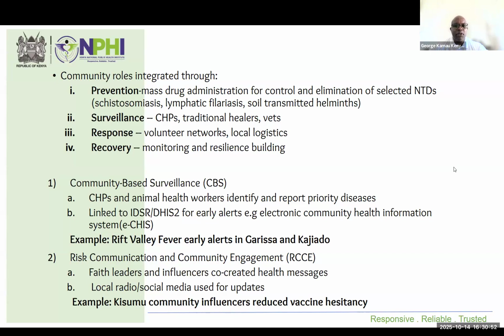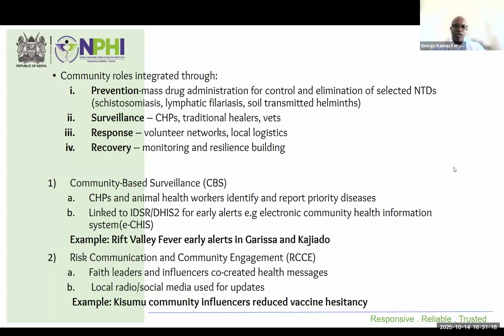The other thing is on response. Once we have a confirmed outbreak, we also engage the community, because it's easy to know the households and even maneuver the community when you have the community health promoters who are easily known and acquainted with the ground. So we are able to use them to do our response activities and at the same time our recovery activities.